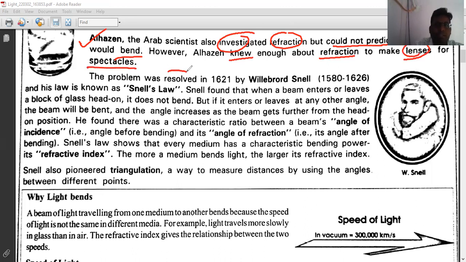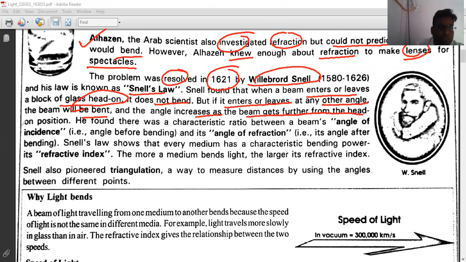The problem was resolved in 1621 by Willebrord Snell, known as Snell's law. Snell found that when a beam enters or leaves a block of glass head on, it doesn't bend. But if it enters or leaves at another angle, the beam will bend. The bending increases as the beam gets further from the head on position.